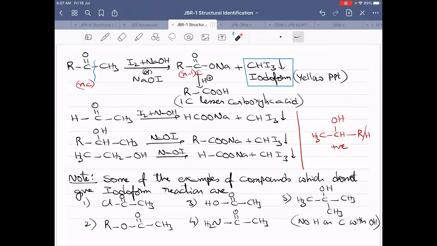Yes, ethanol will give the iodoform test. Methanol cannot give.